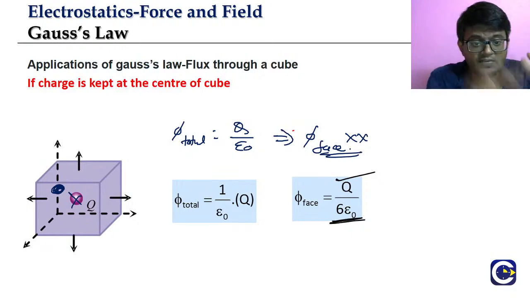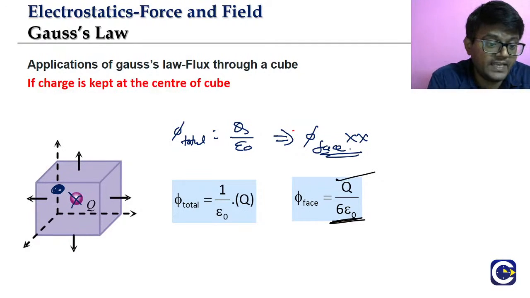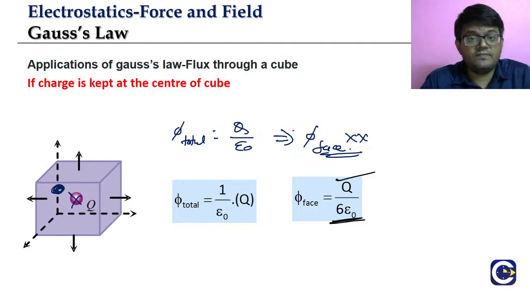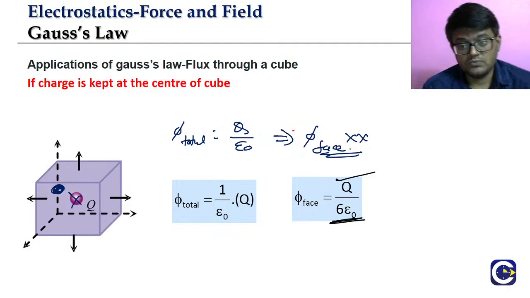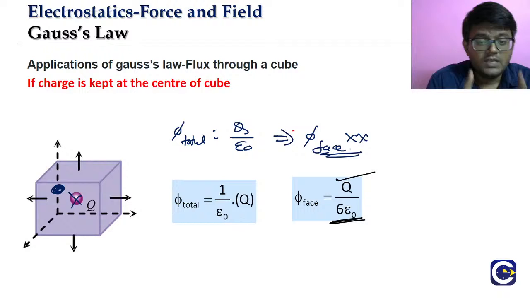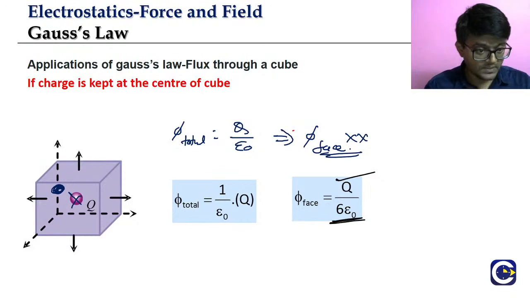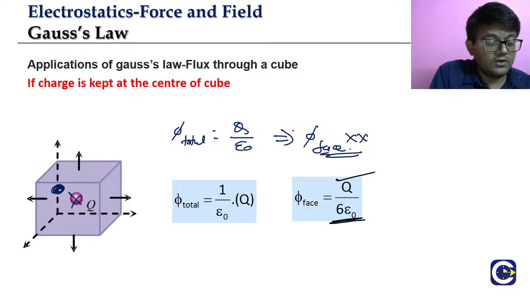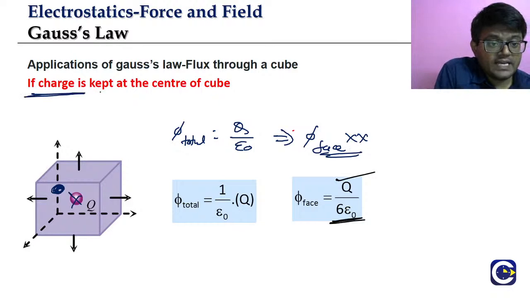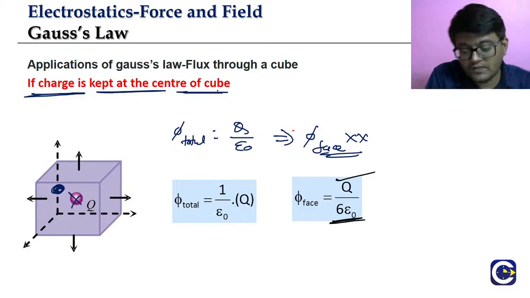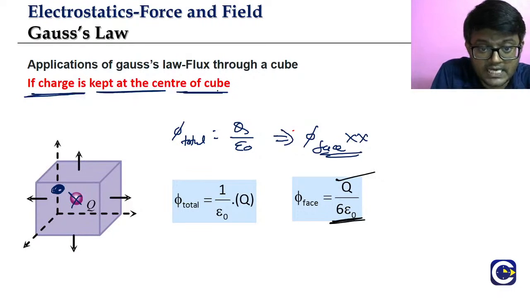So different surface-ல இருந்து different number of field lines might go, அப்படி ஒரு situation வரும். ஓகேவா, so flux through each and every face, இந்த particular case-ல flux through each and every face will not be same. So flux through each face will be q by 6 epsilon naught only when we are keeping the charge at the center of the cube.